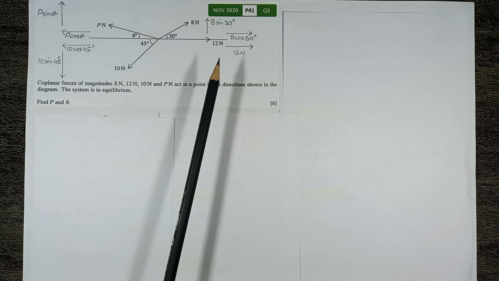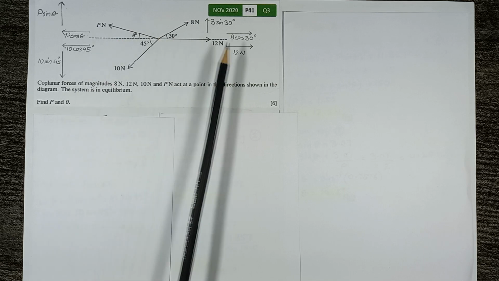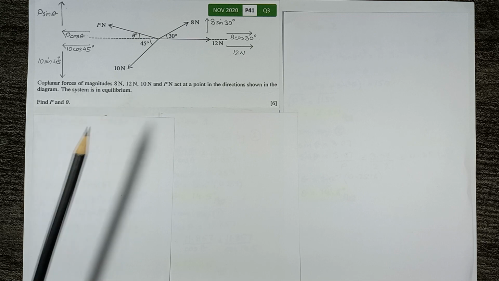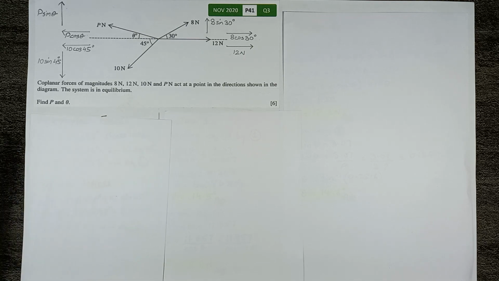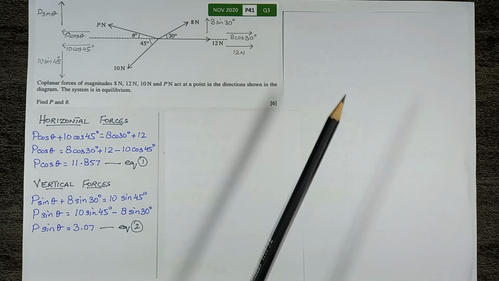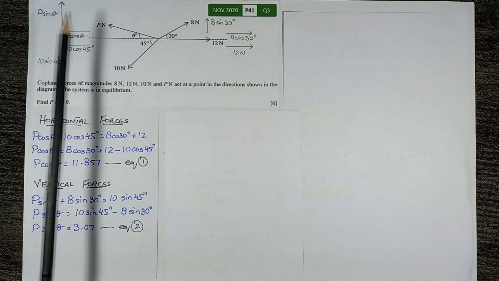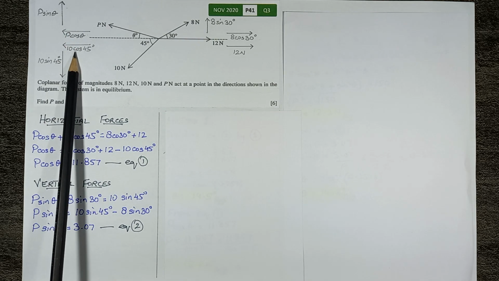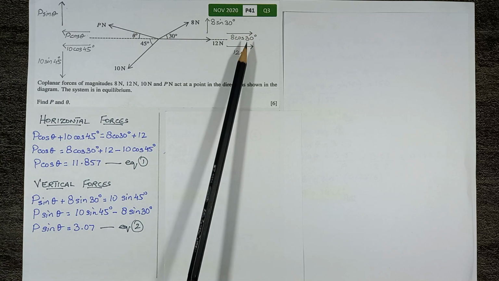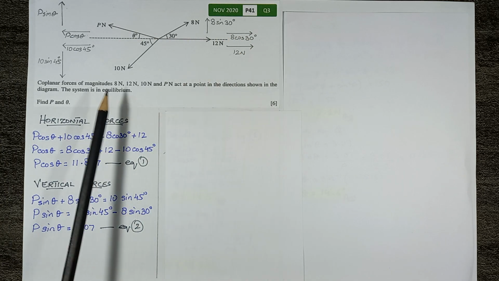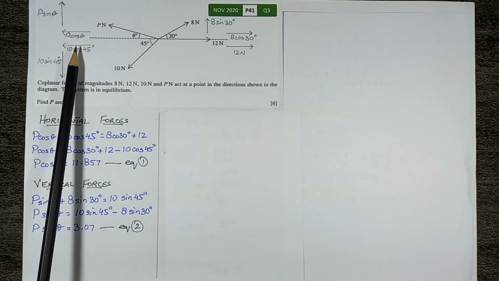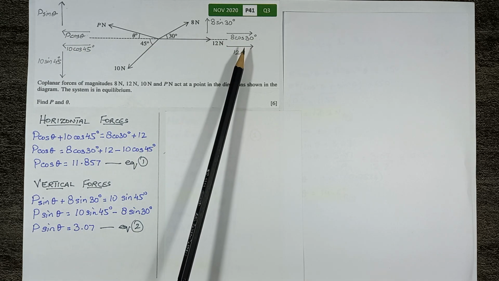We have split up all the forces into horizontal and vertical. The condition is equilibrium, and when we say equilibrium, that means the opposite forces are equal. So first of all, work on the horizontal forces. We can see we have two forces with a direction to the left and two forces with a direction to the right. Because the condition is equilibrium, the sum of these two would be equal to the sum of these two.